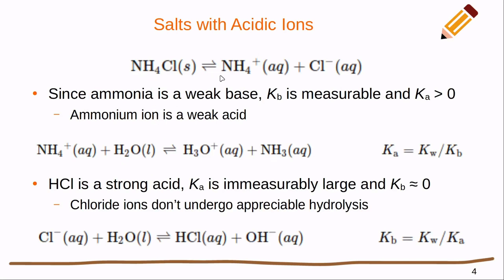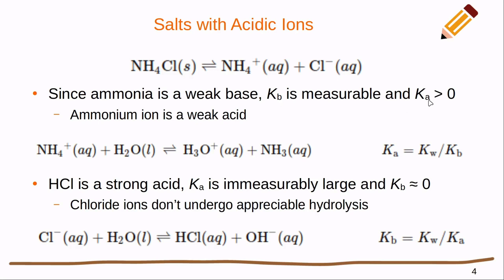So we have ammonium chloride that dissociates out into ammonium ions and chloride ions. What we need to do is to think about what the conjugate acid or base is of these. This ion could have been formed by ammonia, a weak base, accepting a proton. We can look up the Kb value for ammonia, and we can see that it is measurable and has some value because it's a weak base.